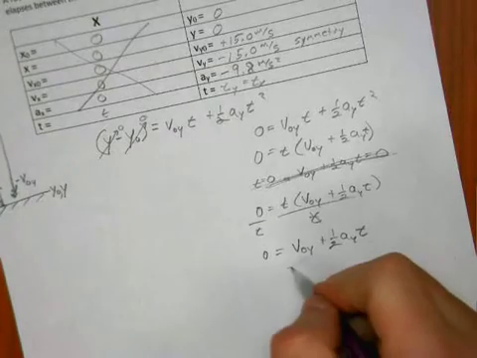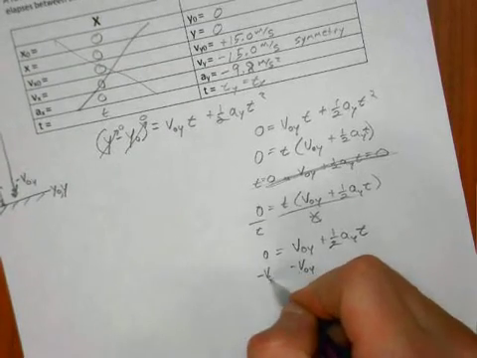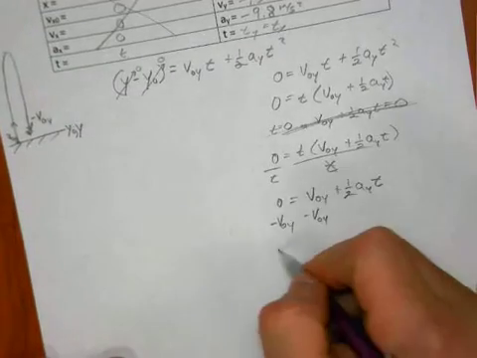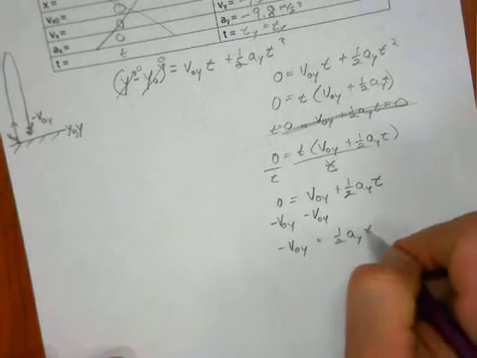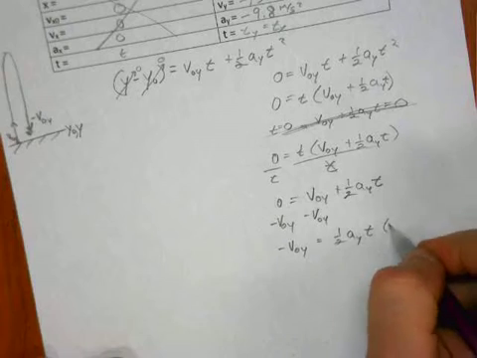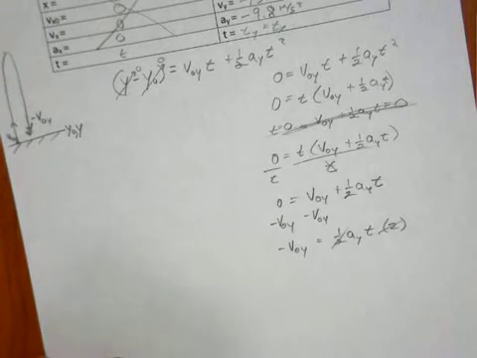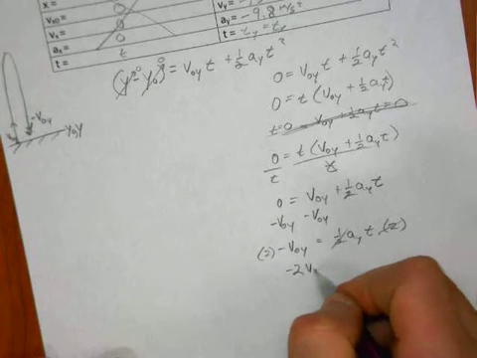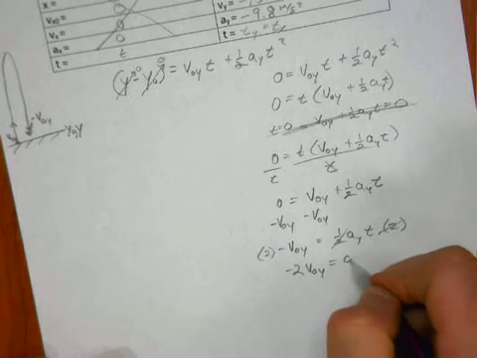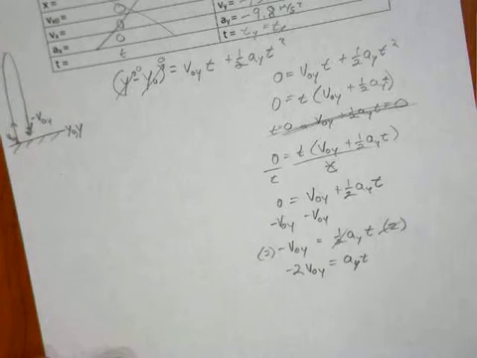We're going to subtract v0y from each side, so negative v0y equals 1/2 ay t. We're going to multiply each side by 2. 2 times 1/2 is 1, and 2 over here is just negative 2 v0y equals ay t.